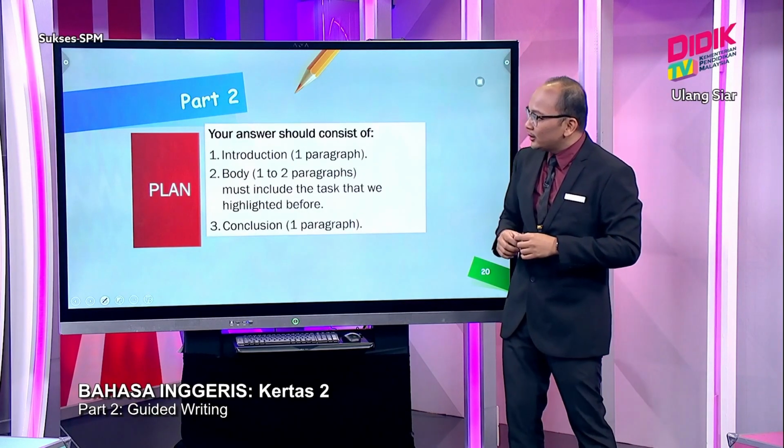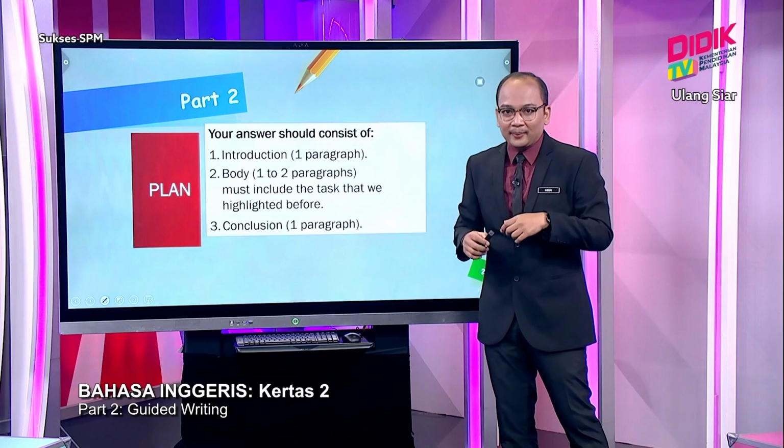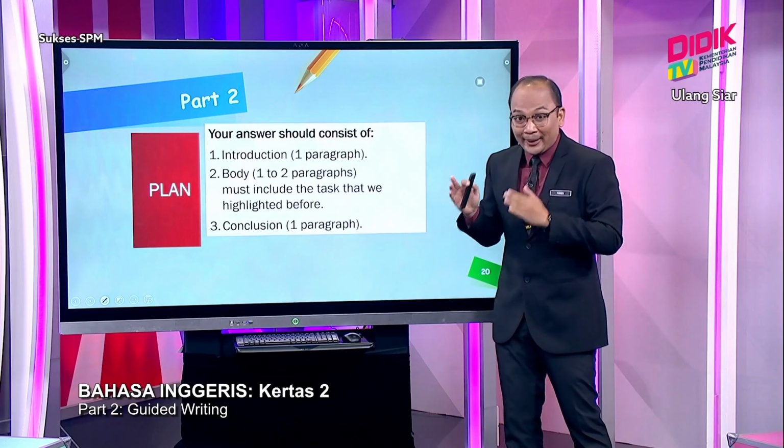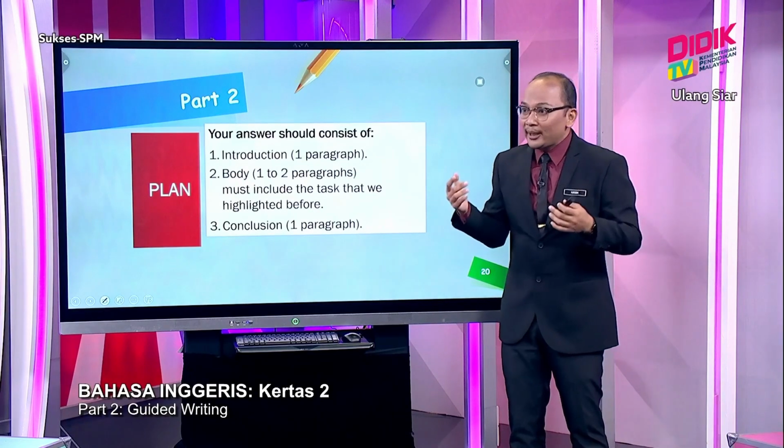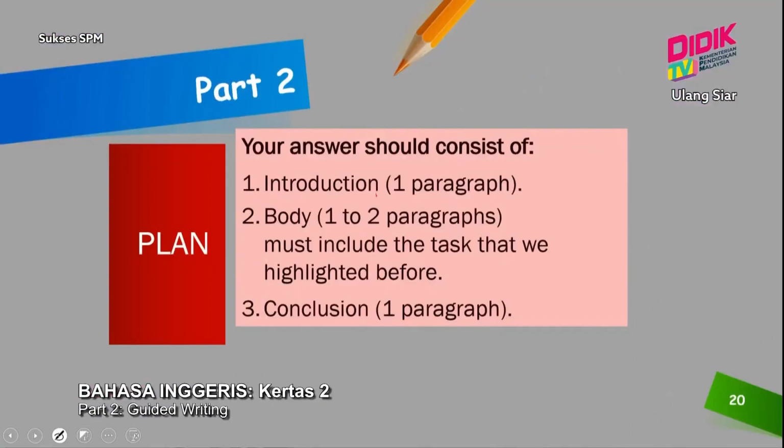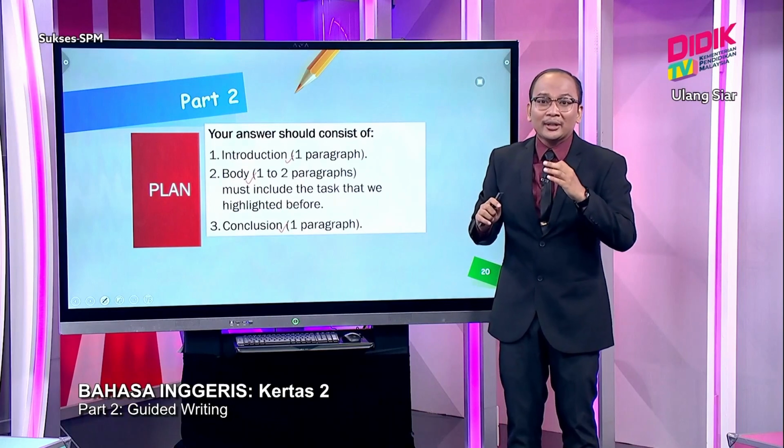Part 2, the next step, is on the planning side. As you know, in a very common essay, there must be an introduction, the body, and also the conclusion. Don't miss that, please. Whatever you are writing, make sure that these 3 components are there.